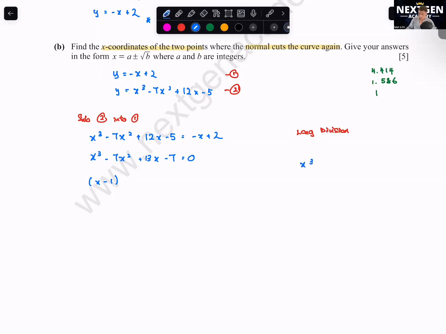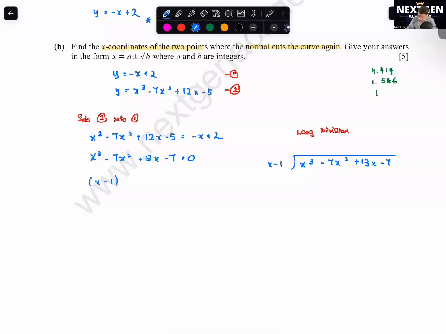Do you need to use the factor theorem? You can, but in this case you don't need to, because on top they already told you that 1 is one of the solutions. So here: x cubed minus 7x squared plus 13x minus 7 over x minus 1.